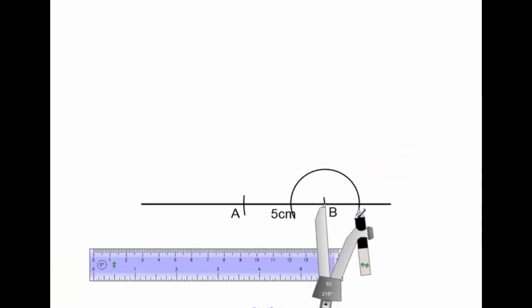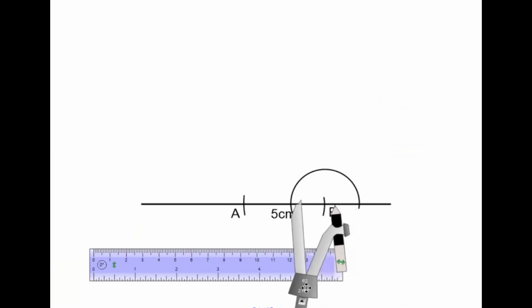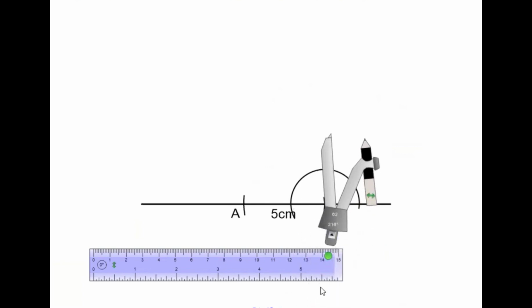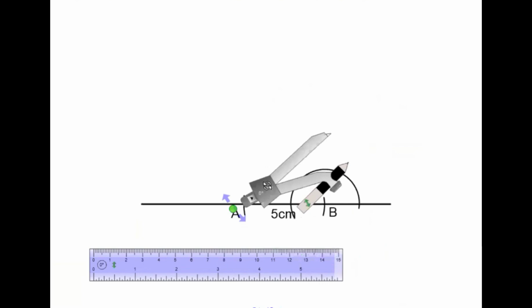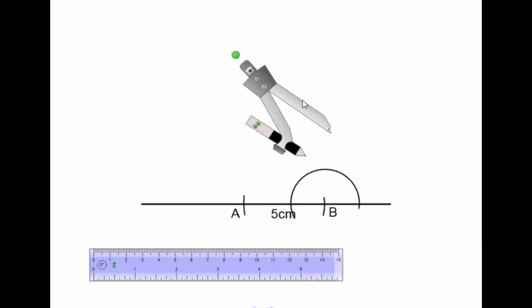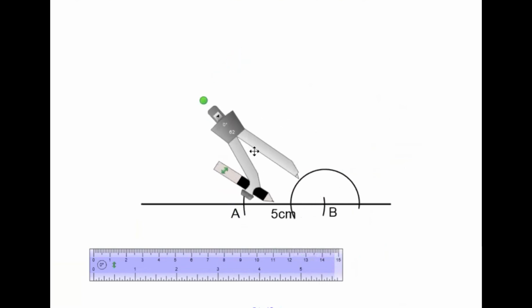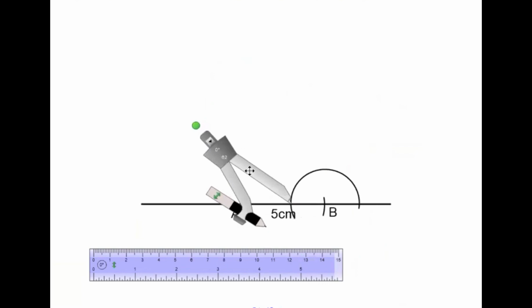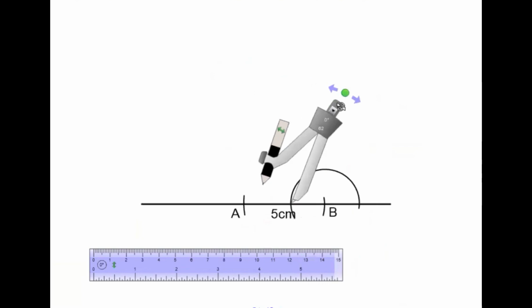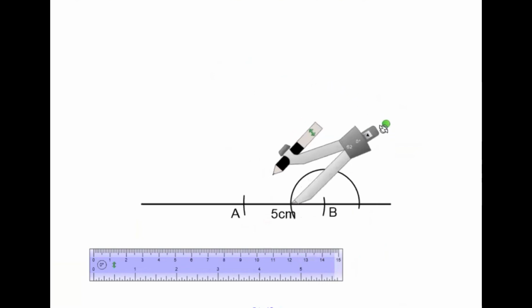Okay, so to get 60 degrees with the same radius, we bring our compass to this place. With this center, we want to draw an arc. You know one thing about drawing an angle of 60 degrees: once you draw your first arc, this one is like a semicircle.